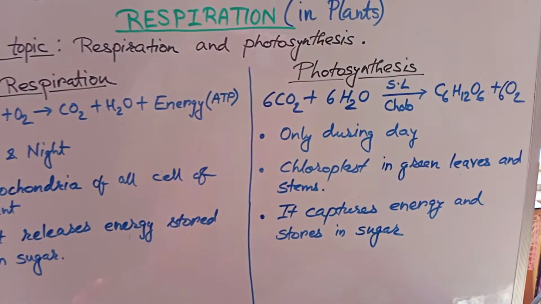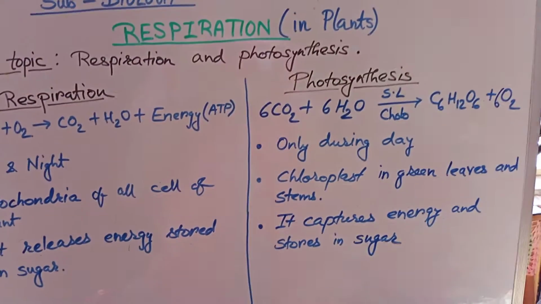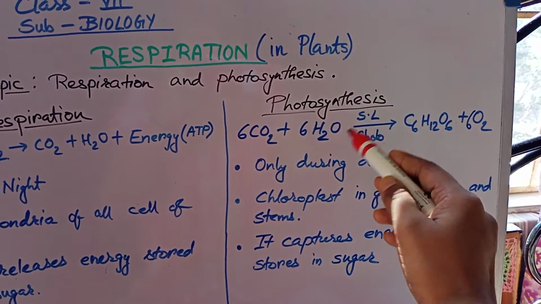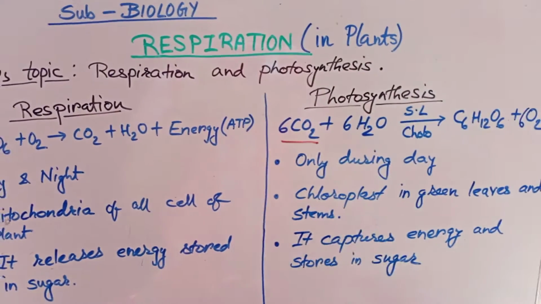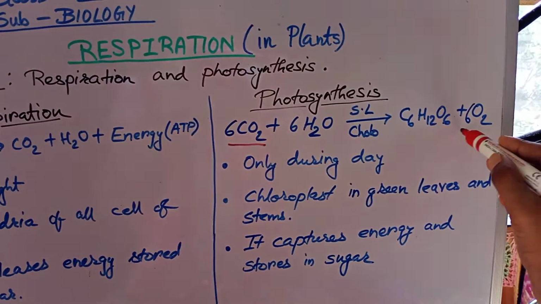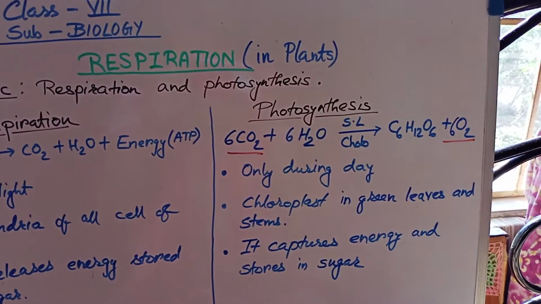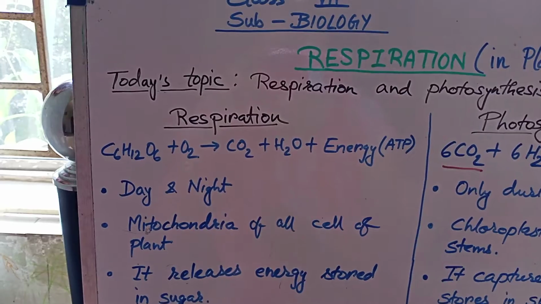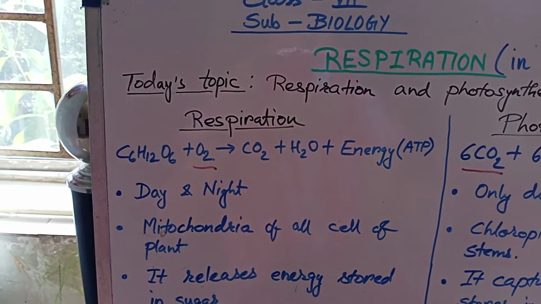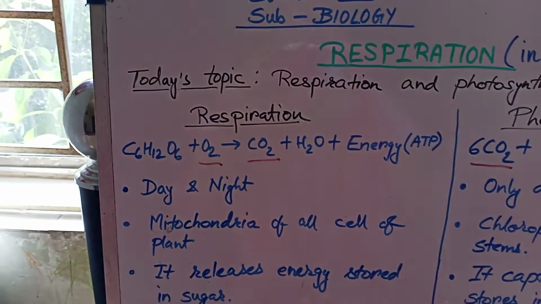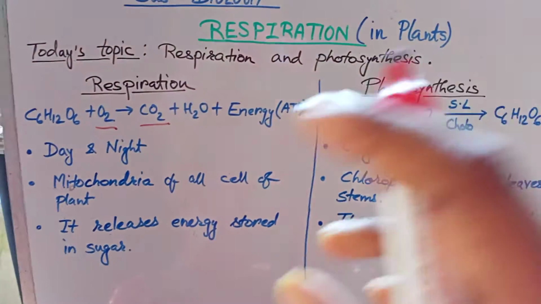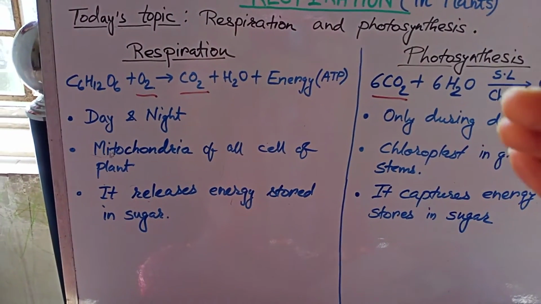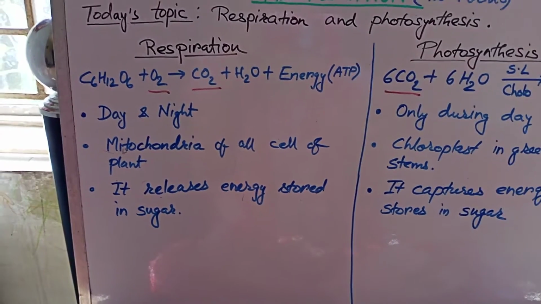In photosynthesis, as you can see from this chemical equation, carbon dioxide is taken in by the plant and oxygen is given out as a byproduct. Whereas in respiration, oxygen is taken in by the plant and carbon dioxide is given out. So the gaseous exchange occurs in two steps. Definitely there should be some more differences between the two processes.